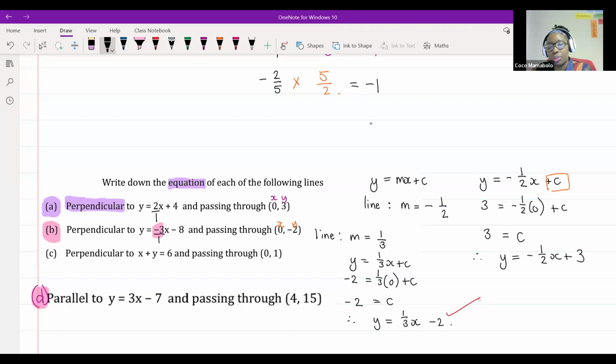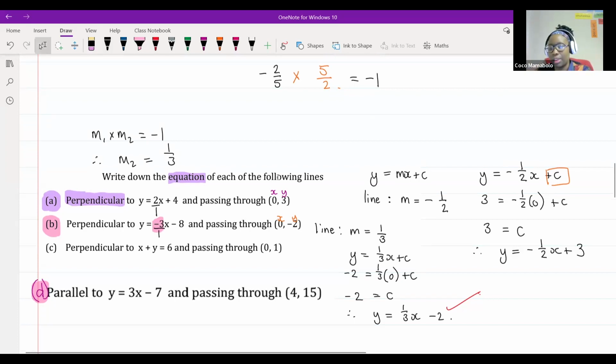So even if you wanted to do this, if you wanted to go M1 times M2 equals -1, therefore M2 is equal to 1/3, that's fine. You can do that just to show them that you know what you're doing. But it's already kind of assumed that in grade 10, you understand how inverses work. Is that okay? You can do that.